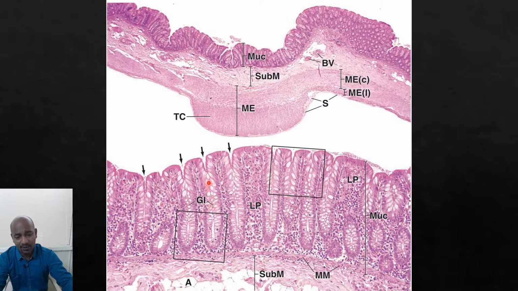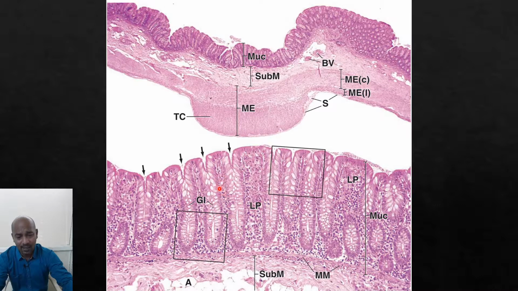As you come towards the lumen, the secretion becomes so fast that the production of mucin cannot keep up with it, so they become exhausted, and these exhausted cells appear very slender, devoid of any mucin, and they may have very small amounts of mucin. So these are called tuft cells.